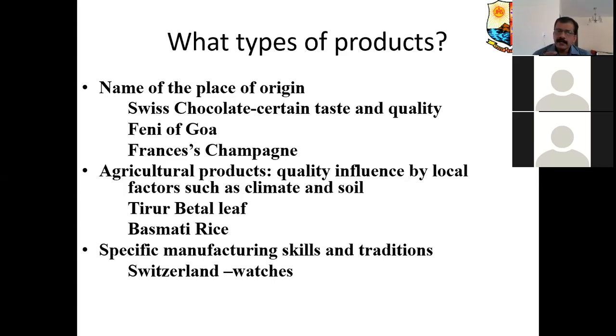Now, it need not be the name of the original place or an agricultural product. It also deals with specific manufacturing skills and traditions. In certain places, the products are manufactured with very specific skills.